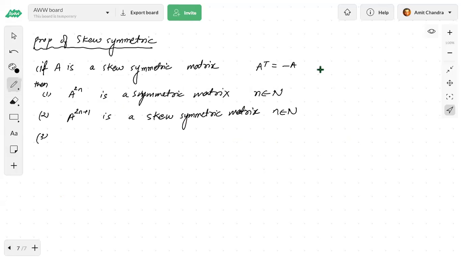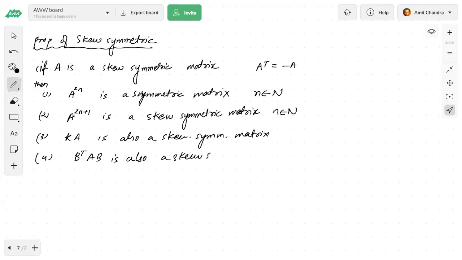Third one: K A is also a skew symmetric matrix. Fourth one: B transpose A B is also a skew symmetric matrix.